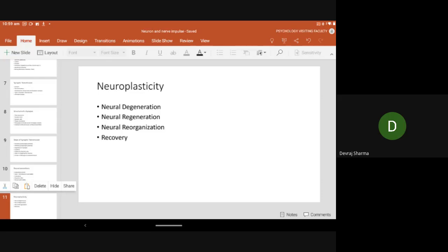So this is the last portion of neurons and nerve impulse. Now you can ask questions if you have any.